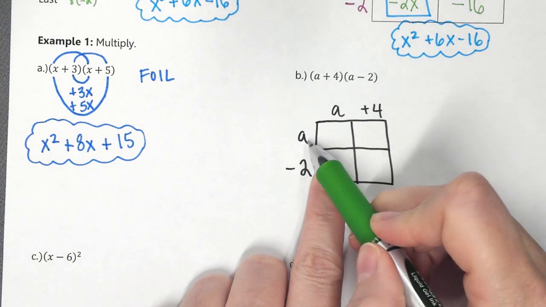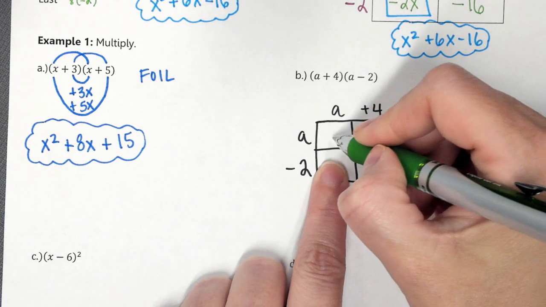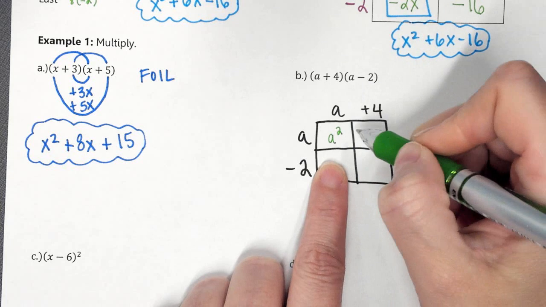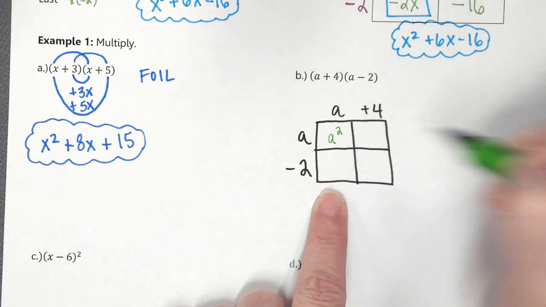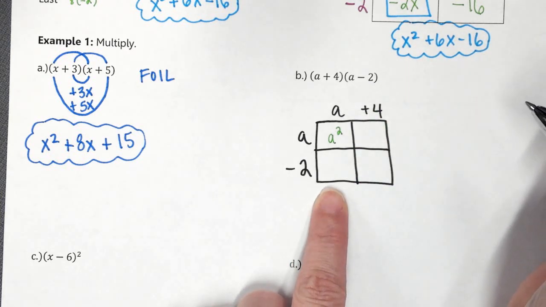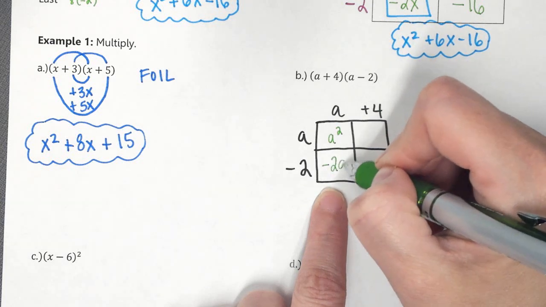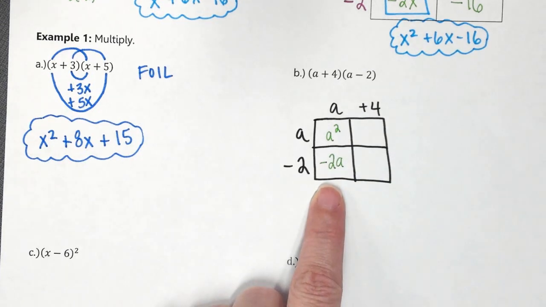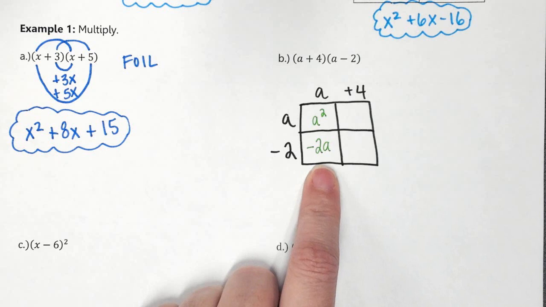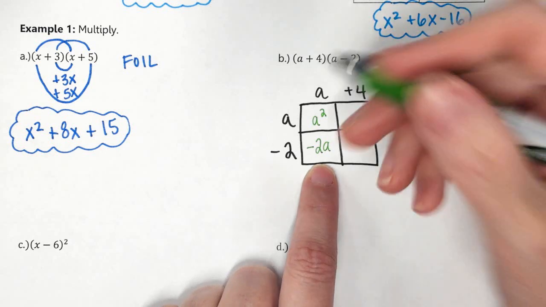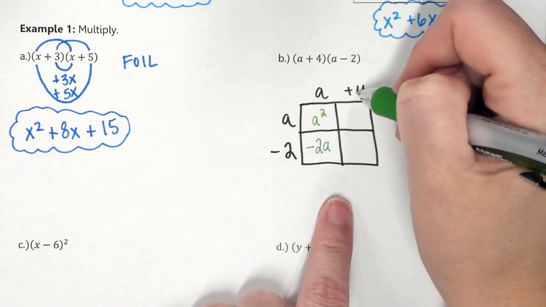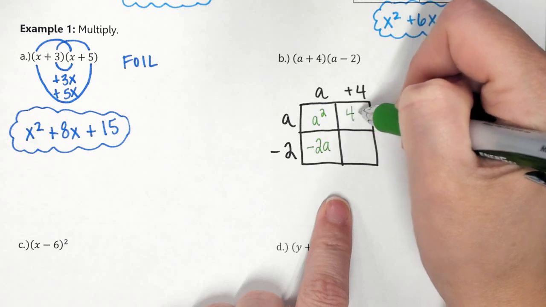Okay, so for this box I have an a times an a, which is a squared. Here I have negative 2 times a. And you can do the boxes in any order you want to. I usually just go down the column, and then 4 times a is 4a.